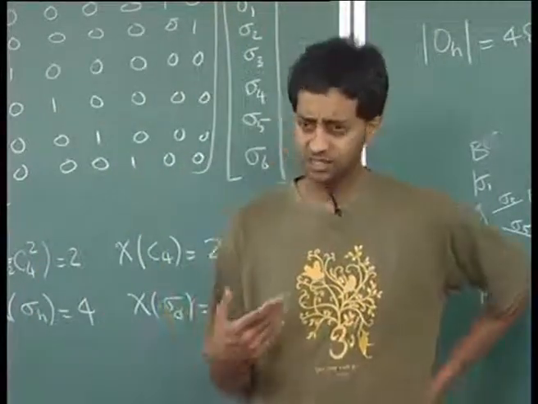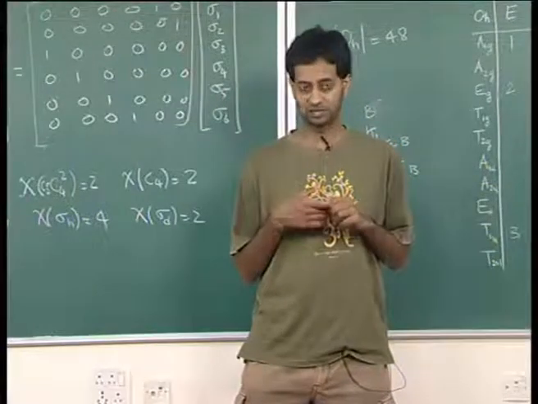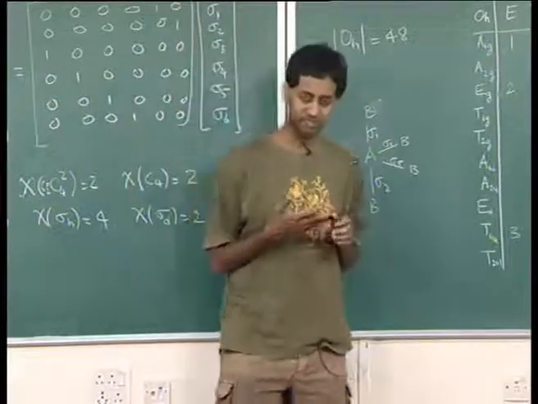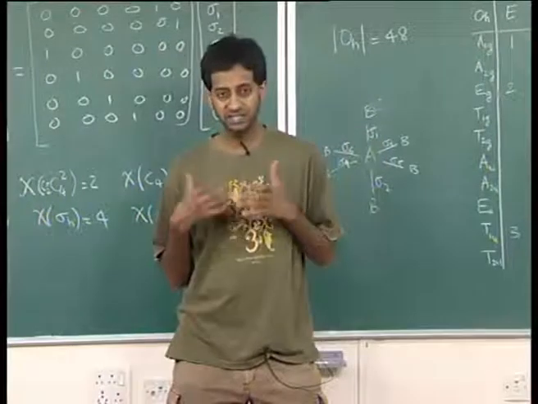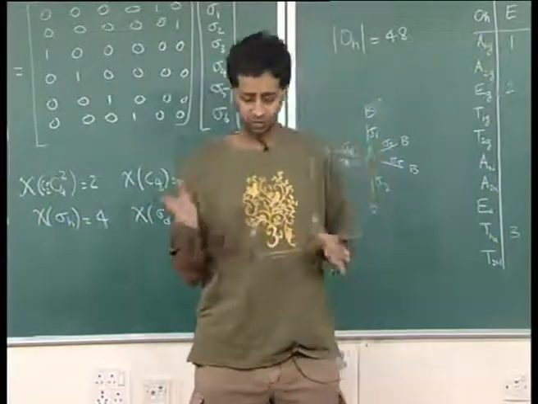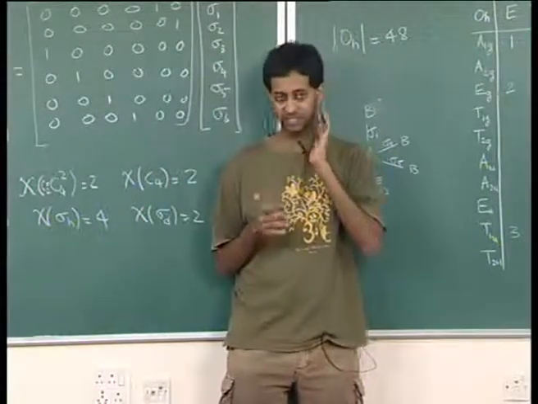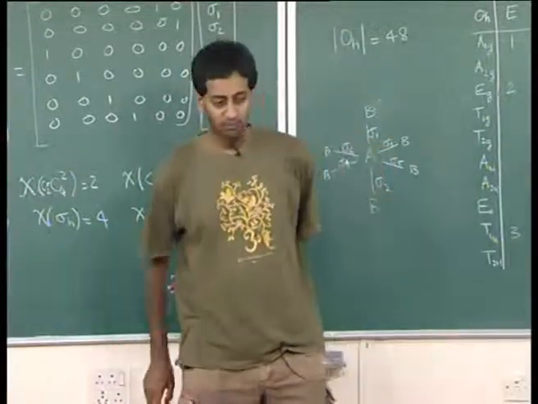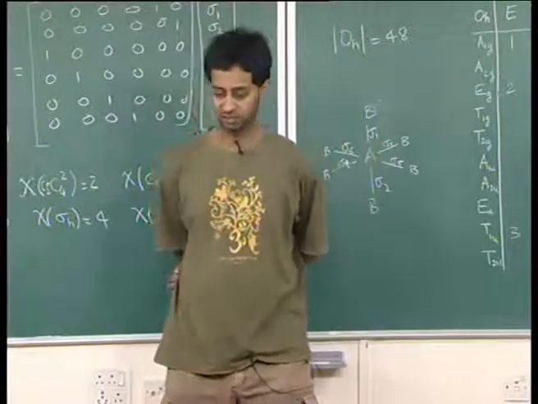Now, let us see what happens when you have 3-dimensional irreducible representations, and we will try to construct symmetry adapted linear combinations for them. Once again, I want to remind you that irreducible representations can be 1-dimensional, 2-dimensional or 3-dimensional, and most groups have only 1-dimensional or 2-dimensional irreducible representations.